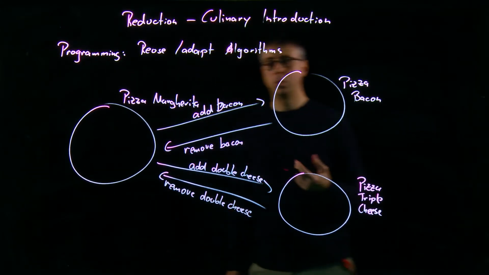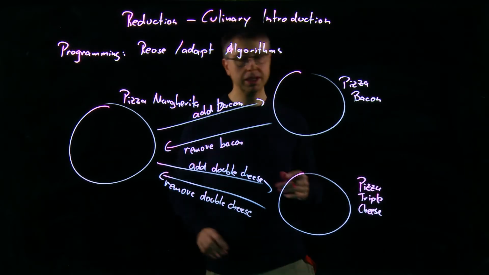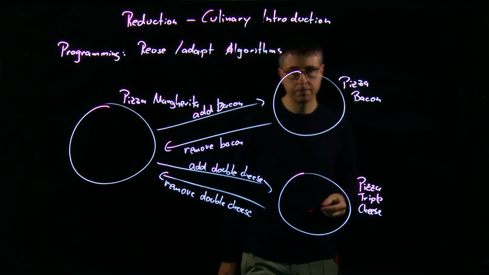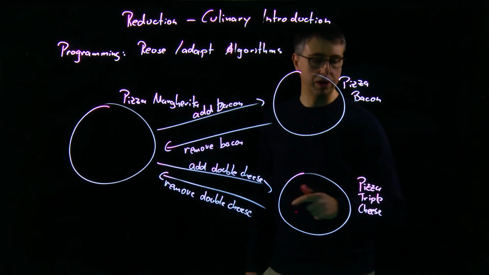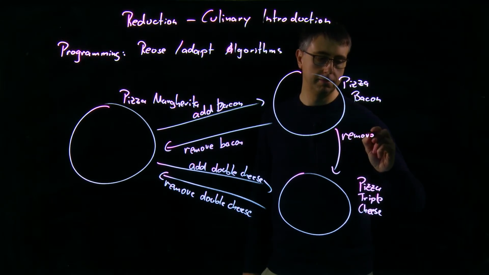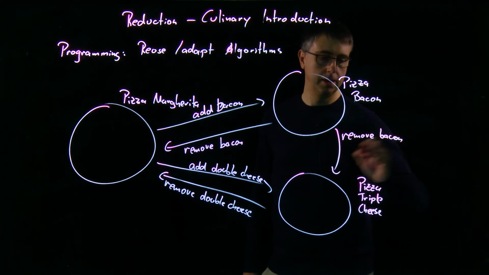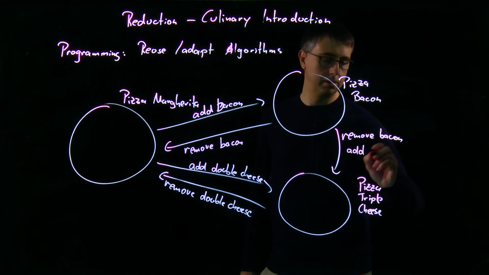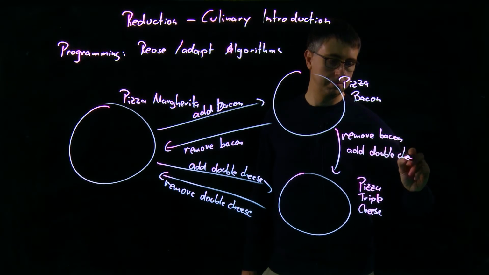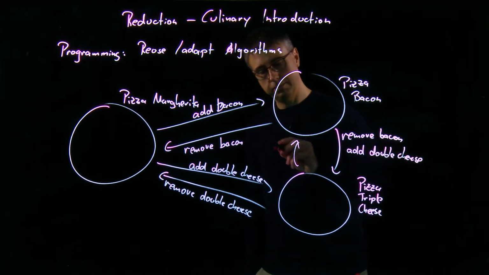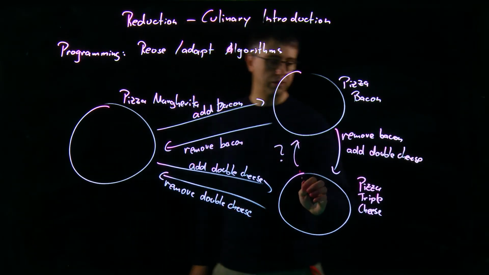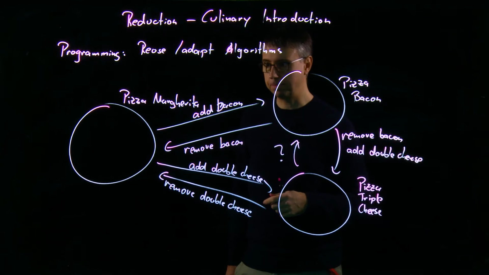So the idea is, once we have an algorithm for one of these problems, we can modify the algorithms to new applications. If we have pizza bacon and we would like to get pizza triple cheese, remove the bacon. Add double cheese. And it will be easy for you to figure out what you have to do to get from pizza triple cheese to pizza bacon, of course.